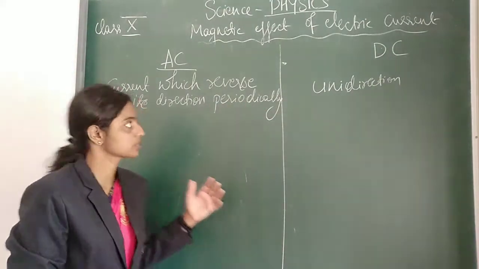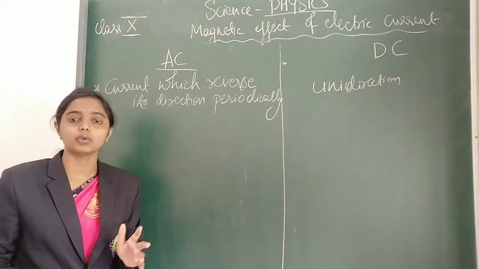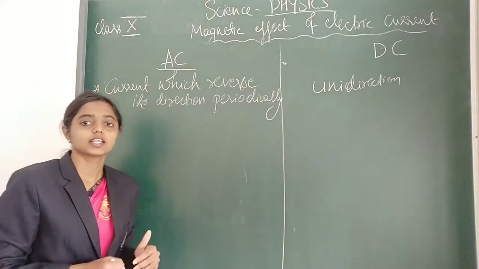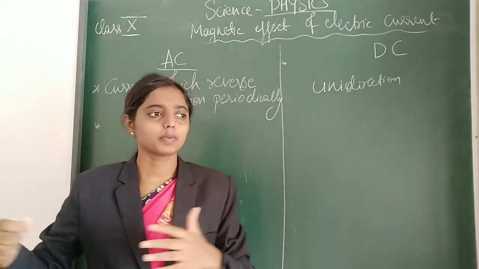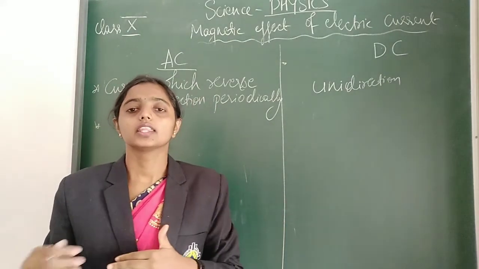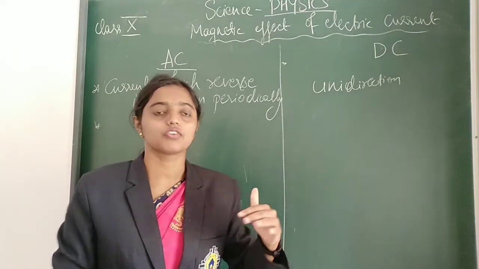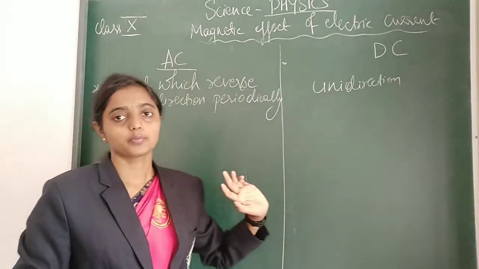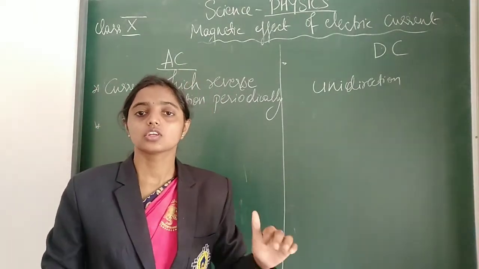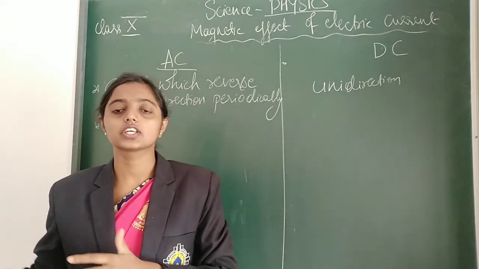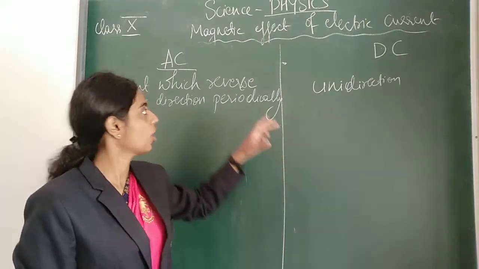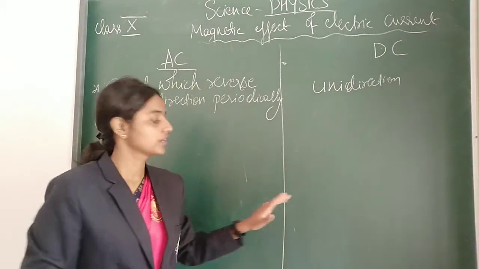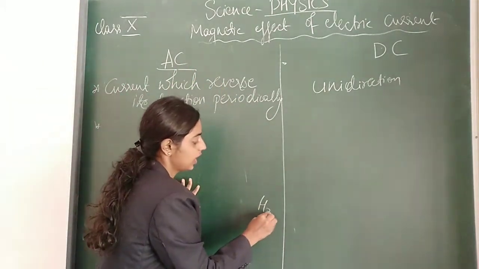But in AC, alternating current, we have one extra piece of information: each country, on the basis of their source or anything, will have its own range for alternating current. So let us see what the range is in our country. For that we have some mathematical formulas, and alternating current is always mentioned with the unit hertz.